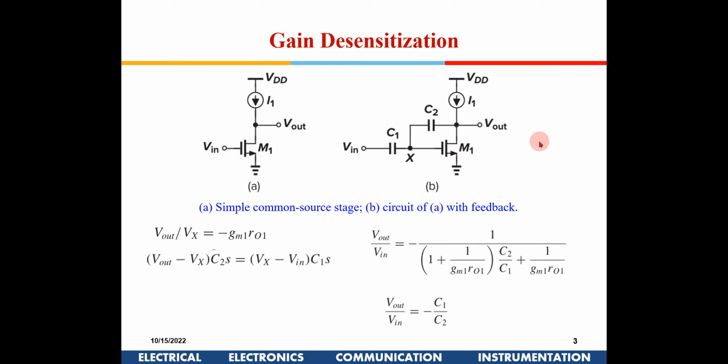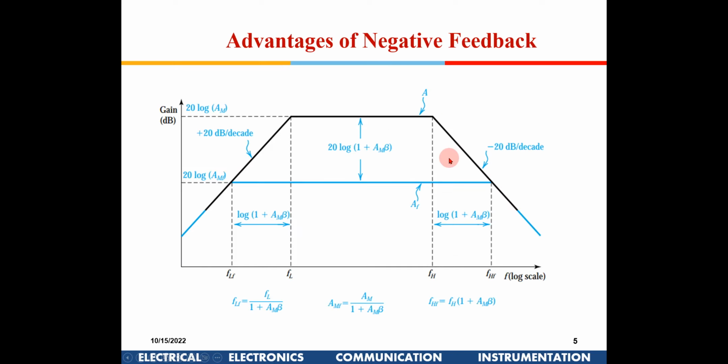Load the gain means this is going to contribute towards output impedance. It is going to come in the output circuit also. It is not just a feedback; it is going to modify the terminal impedance at this place also. So that we are going to calculate.